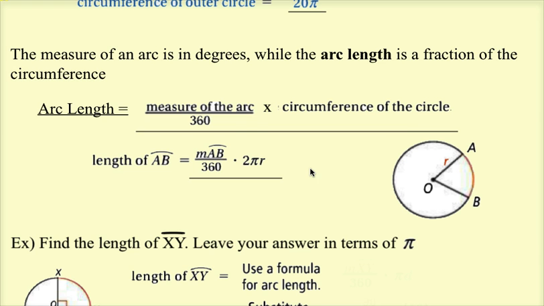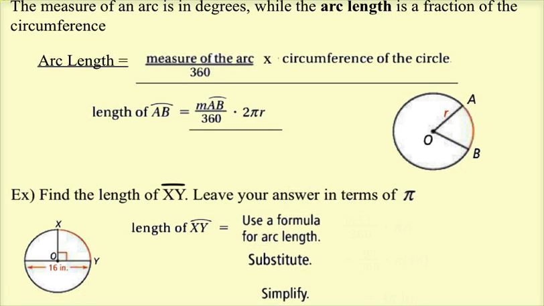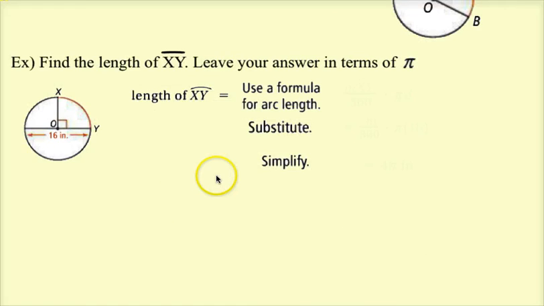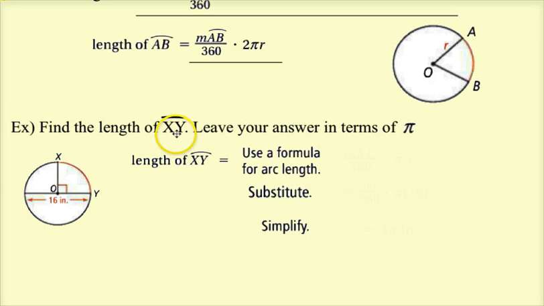So if I want to find the length of arc XY in my example right here, I want to leave my answer in terms of pi. So the length of arc XY, I use my formula. My formula says it's the measure of XY over 360 times the circumference, which could be 2 pi r or pi times diameter, depending on what you have.